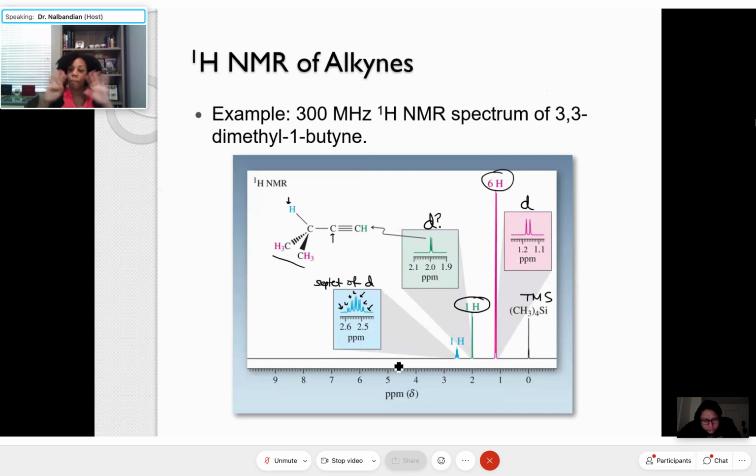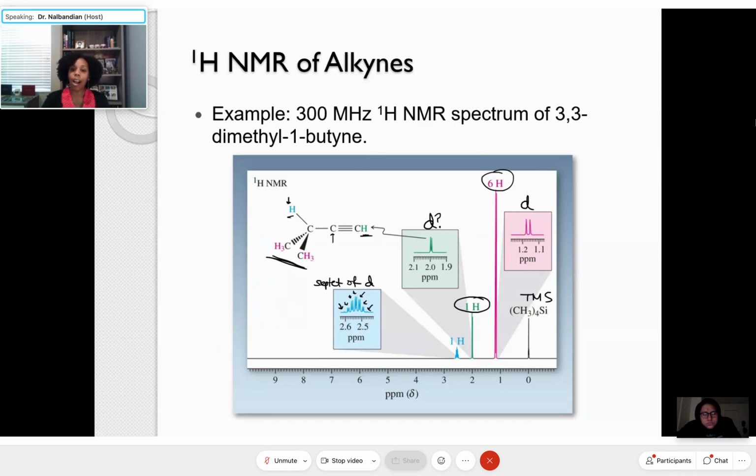So it's a septet, and then each of those peaks of the septet is split into a doublet. So it's a septet of doublets. So you know why it's a septet? Because of these 6 hydrogen neighbors. It's a doublet because of something else. We're going to see that the green hydrogen and the blue hydrogen can see each other. So that's why we see this extra coupling.